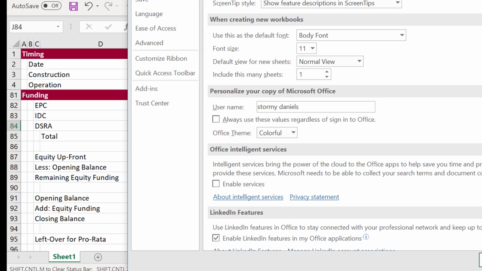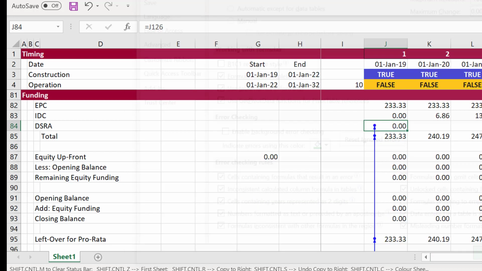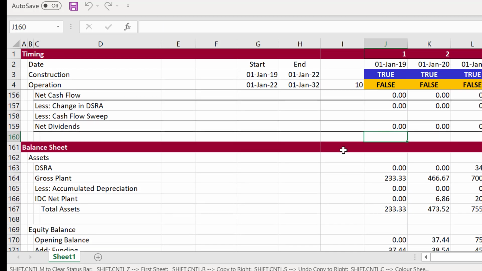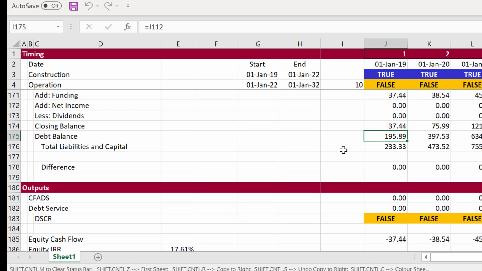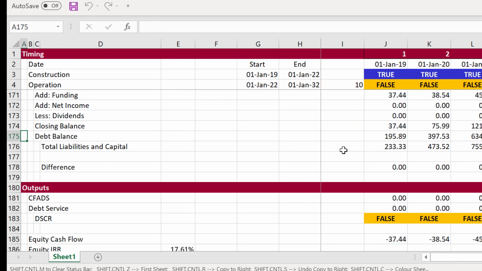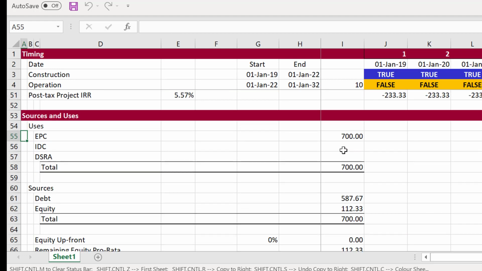Okay, I'm going to put in iterative calculation. All right, and see if our balance sheet balances. Okay, and it does. And it balanced all the way. And that's it. Okay, so we've gone through this. Now what we haven't done is we haven't put the sum of all the IDC here. We haven't put the sum of the DSRA here.